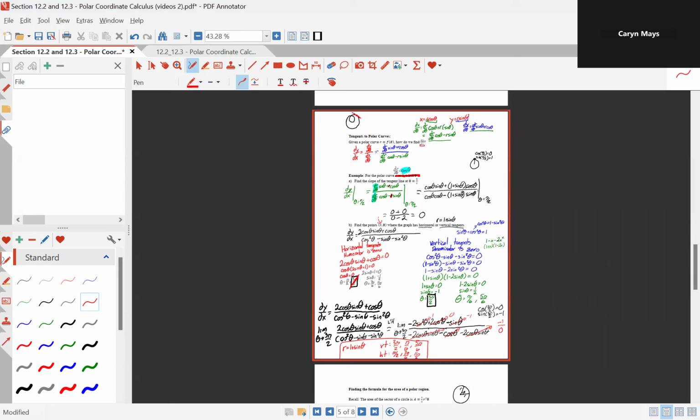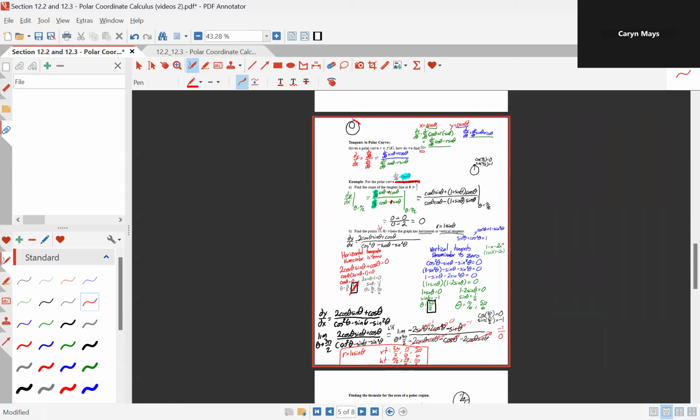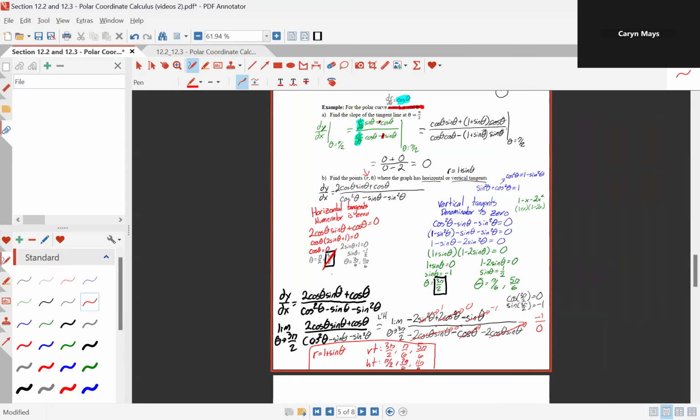To get the r's, we would plug them back in and find things like what is 1 plus sine of 3 pi over 2, or what is 1 plus sine of pi over 6, to find r.